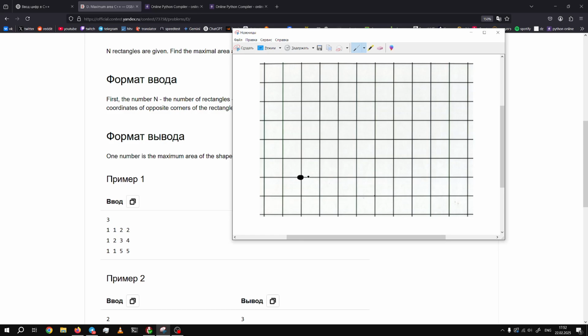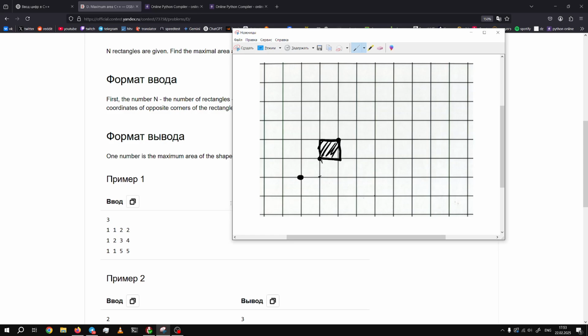So x is equal to 1 and y is equal to 1. So this is this point. And the second point is 2 2, so 2 is here. And these are the opposite corners of our rectangular. So our rectangular will be like this. It's a rectangular 1 by 1.